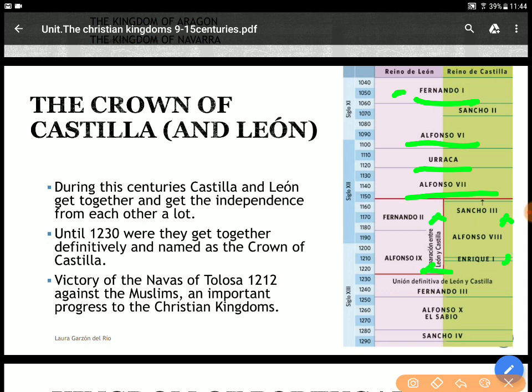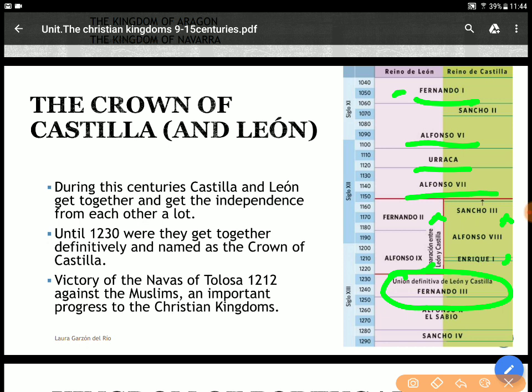Here with Fernando III is the last union. During these centuries, Castilla and León get together and gain independence from each other many times, until 1230, when they get together definitively and are named the Crown of Castilla.